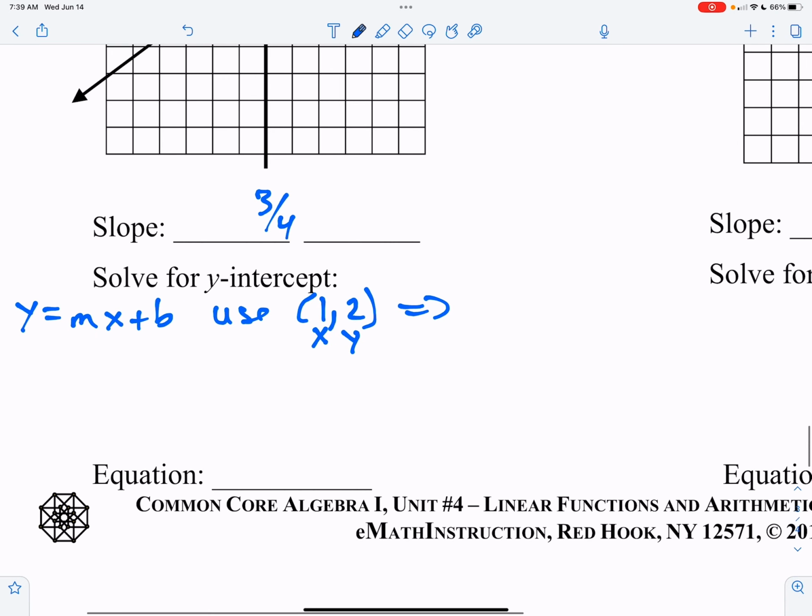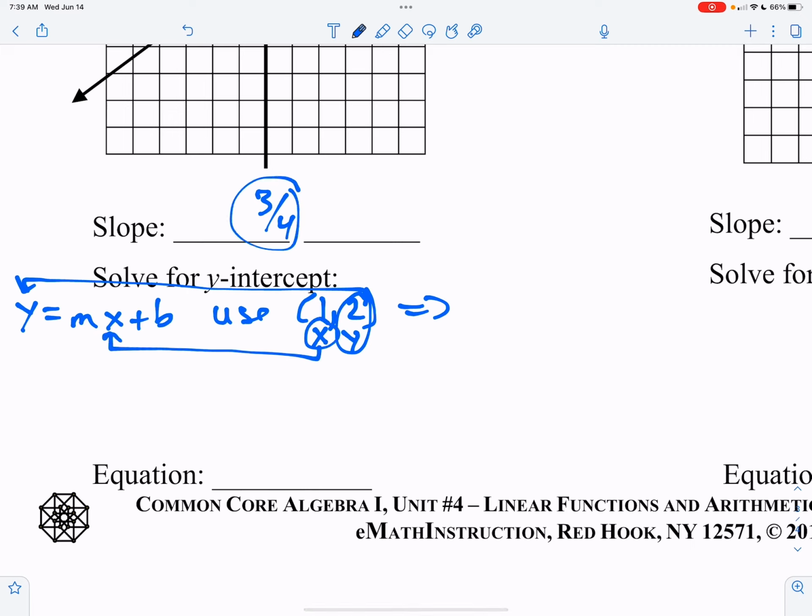So I'm going to plug in 2 for y, 1 for x, and 3/4 for m, and then I'm going to solve for b. Okay, so it'll look like 2, which is y, equals m, that's 3/4, times x, which is 1, plus b.